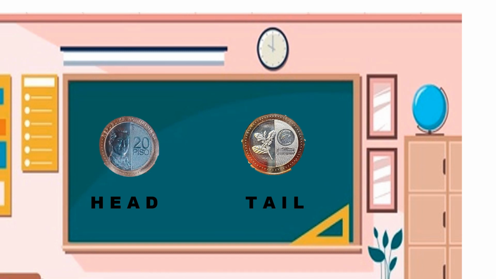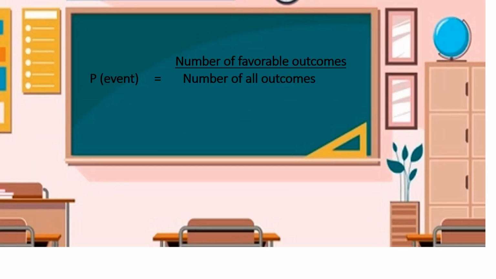There are 2 possible outcomes, a head and a tail. Let's find the probability of getting a head. Given this formula, the P of event is equal to the number of favorable outcomes divided by the total number of outcomes. What is the probability of getting a head?